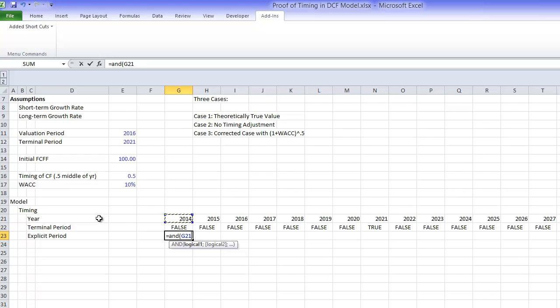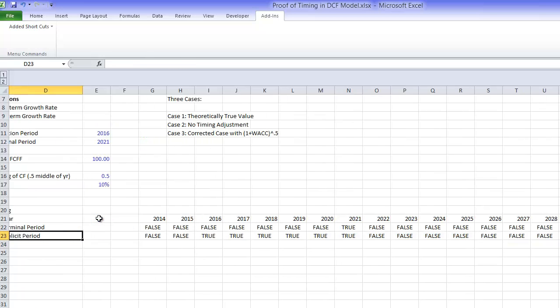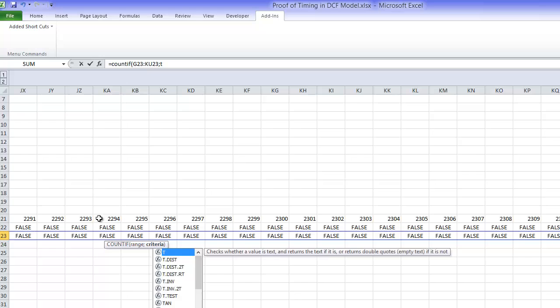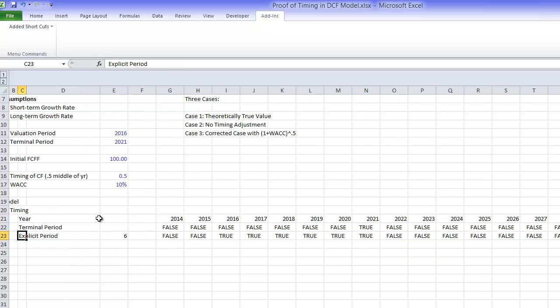This number has to be greater than or equal to the evaluation period, and this number has to be less than or equal to the terminal period. And if you're a little fancy, we can put a counter. So we have 6 explicit periods, and of course 1 terminal period.